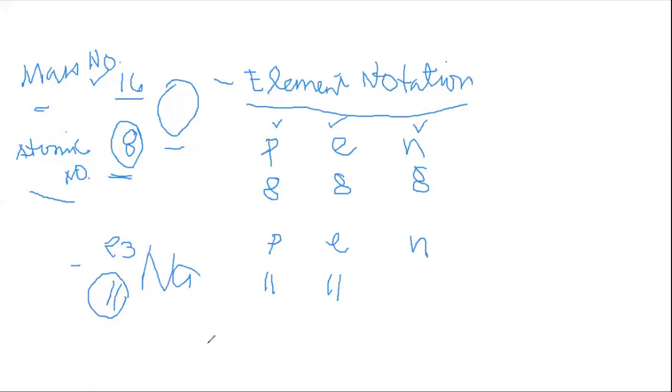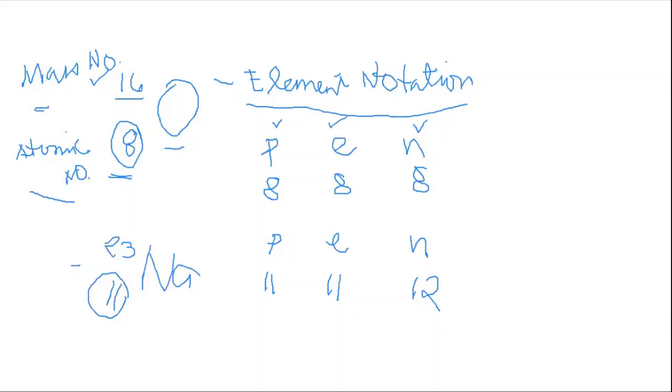So let us now subtract. 23 minus 11, what's the answer? So we have 12. Okay. So subtract lang po ang mass number. Isusubtract lang po natin. So therefore, that is already the number of neutrons. Okay. So yun po.